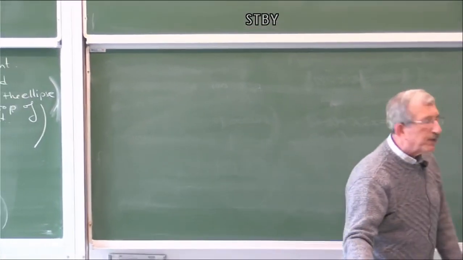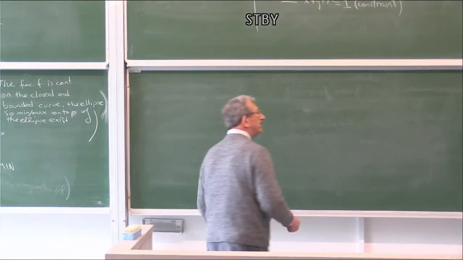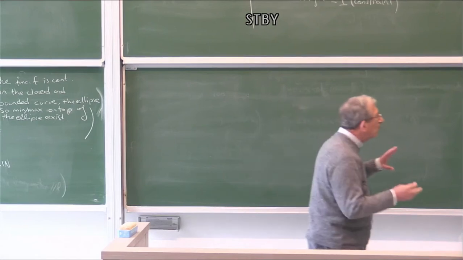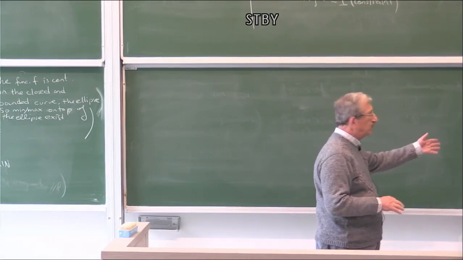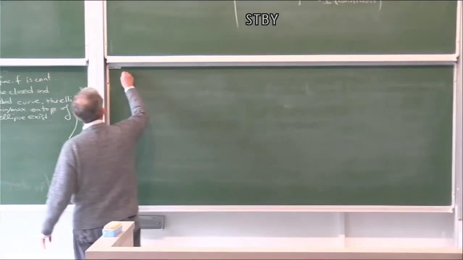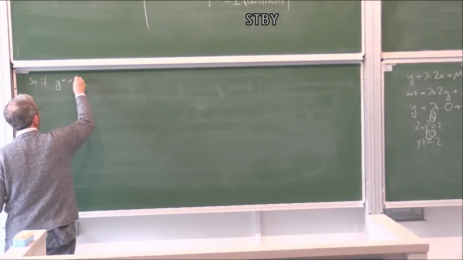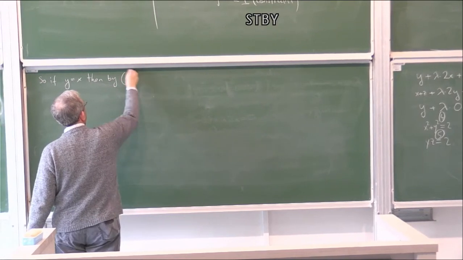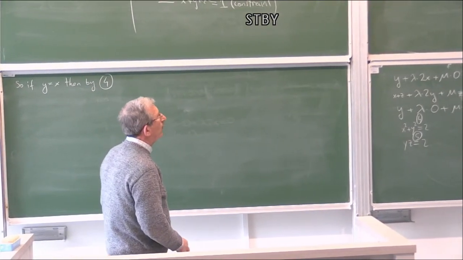Now, this information is enough for our purposes. We are not concerned about mu or lambda, so we will not go back to the first 3 equations, but the last 2 ones. So now, if y is x, then by 4, well, what was 4?